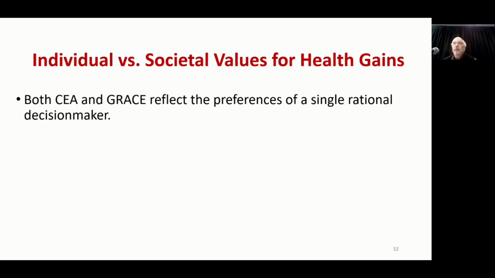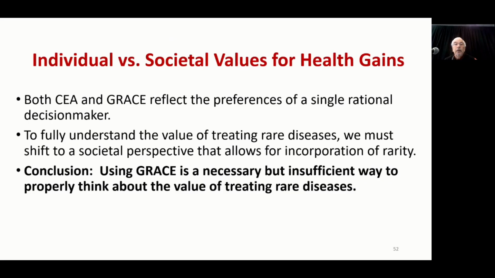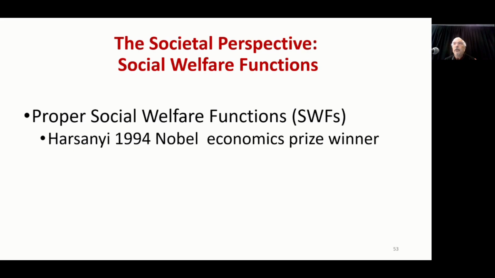And you can't think fully about rare diseases that involve population probabilities when you're thinking about things from the perspective of a single individual. So to fully understand the rare disease value, I think we're going to have to build in a way to do a societal perspective, so I conclude that GRACE is a necessary component to get the values of individuals right, but it's insufficient. It's not going to get you to the full value.